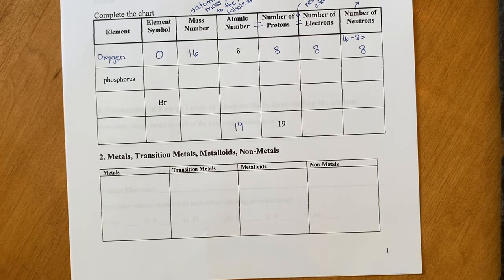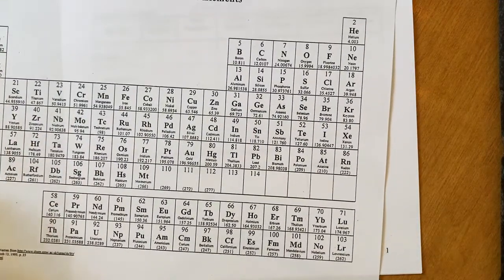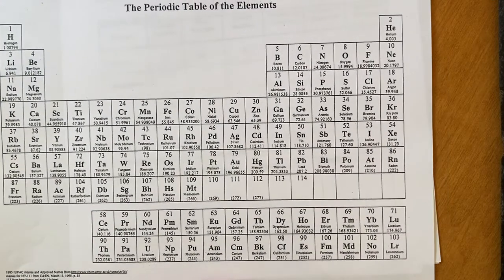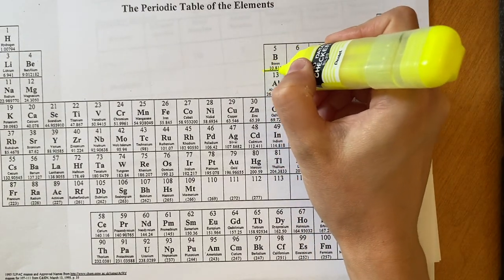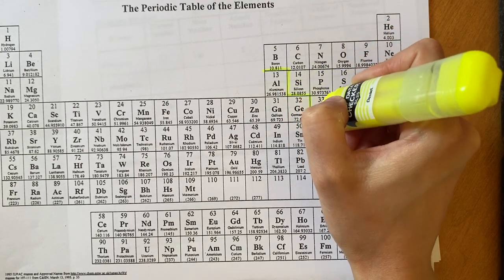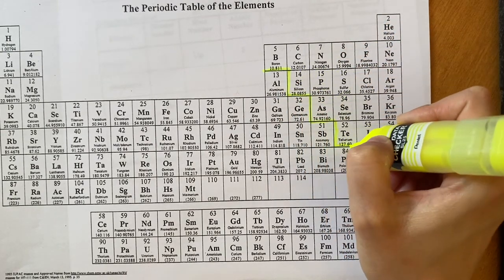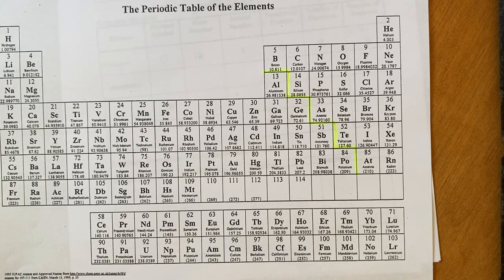organized. So the periodic table is organized into metals and non-metals, really are the two main distinctions. So on your periodic table, the distinction between metals and non-metals occurs over on the right-hand side. So I'm going to do a little mark and it goes down like a staircase. So you'll want to mark this on your periodic table.